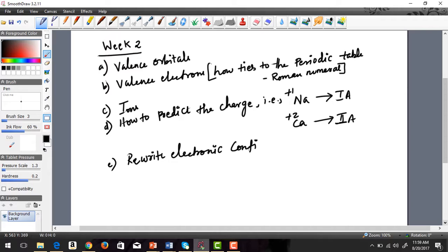So there was a lot of material we did cover. It seemed like we went through it pretty quick, but we did cover all this in depth. Rewrite electronic configuration for ions, and then we wrapped it up with writing boxed electronic configuration.